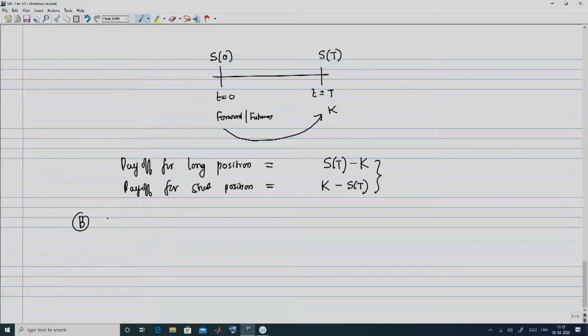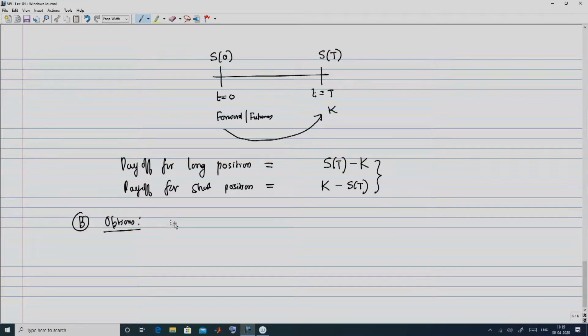Okay, so this concludes our discussion on forwards and futures, and the next thing that we move on to is what is known as options. Options are one of the most mathematically well studied financial derivatives.